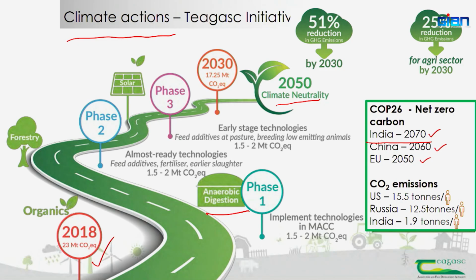Yeah, that is anaerobic digestion, how it will reduce some of those energy requirements, at the same time waste valorization. And then feed additives, fertilizers, and because most of the agriculture economy in Ireland is based on animals, dairy as well as meat is the most important element there.